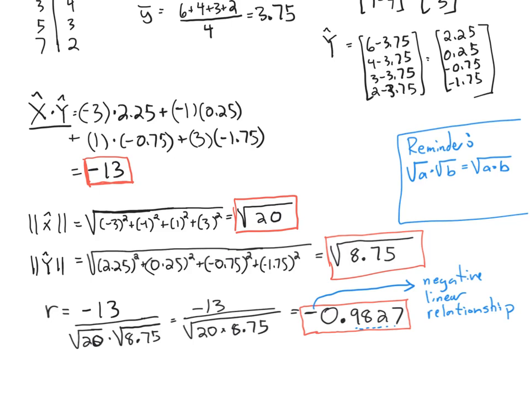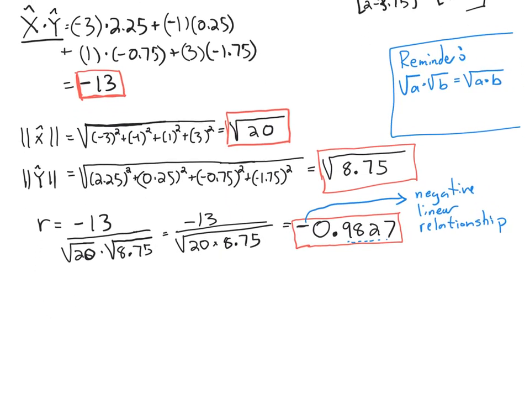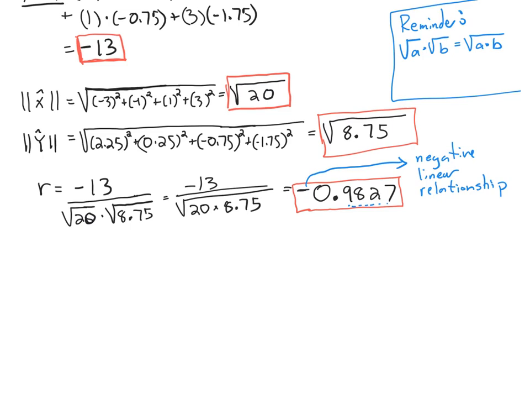So now that we have r, we can calculate r squared, just to make sure it matches up with what we had. So r squared is going to be negative 0.9827, whatever was in our calculator.